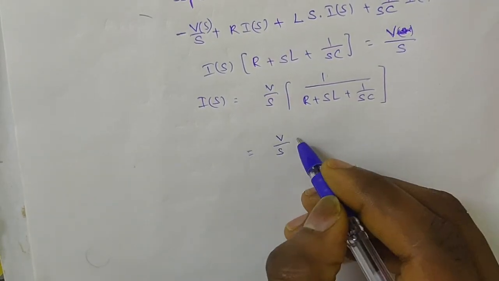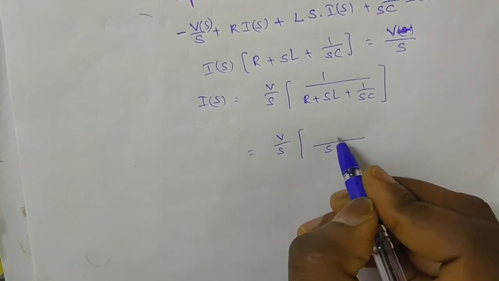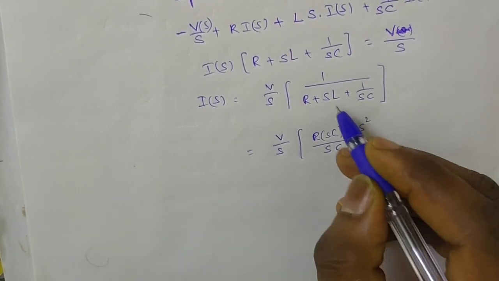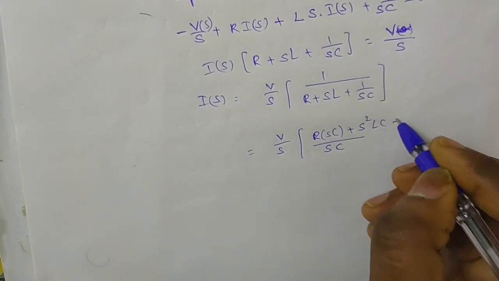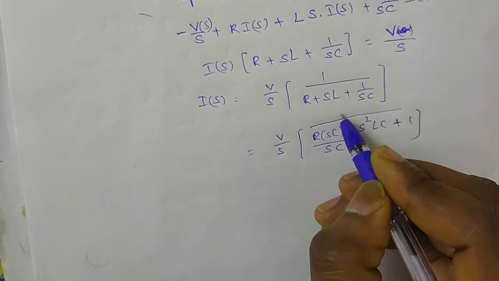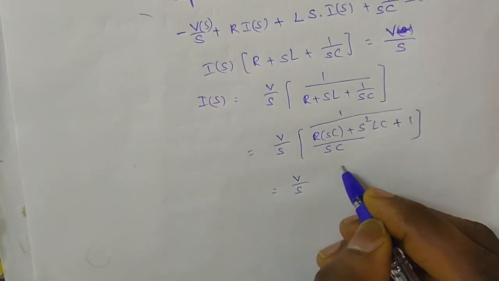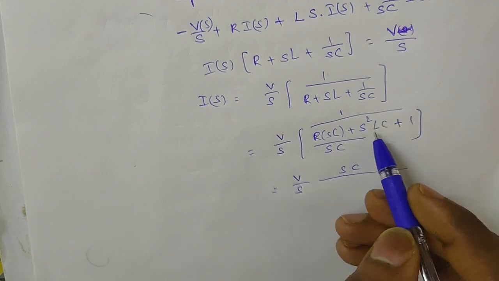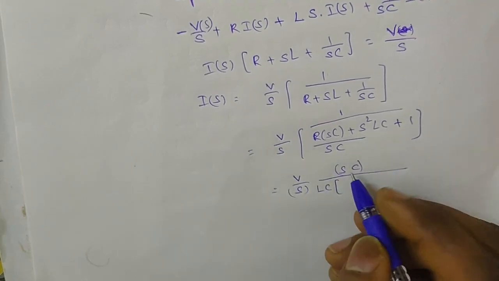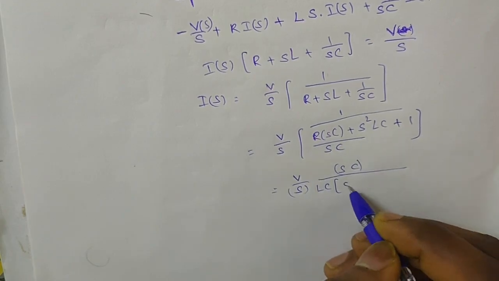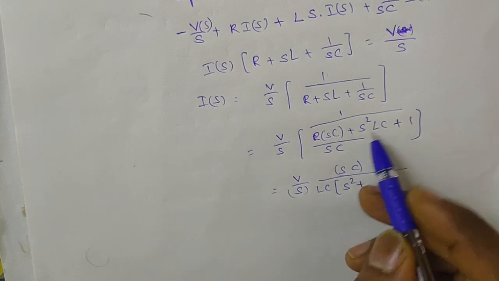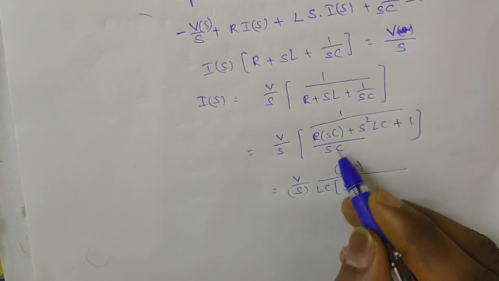For this, we can take SC as the LCM. So now R into SC plus S square LC plus 1, divided into 1, it is a reciprocal, so V by S into SC by, if you take LC as common, S square will be written first, and C is also a term, so this is taken common.